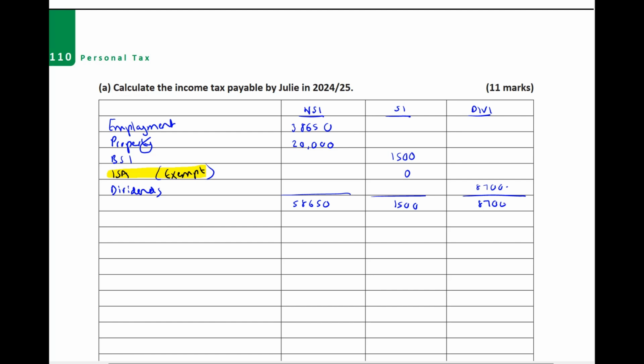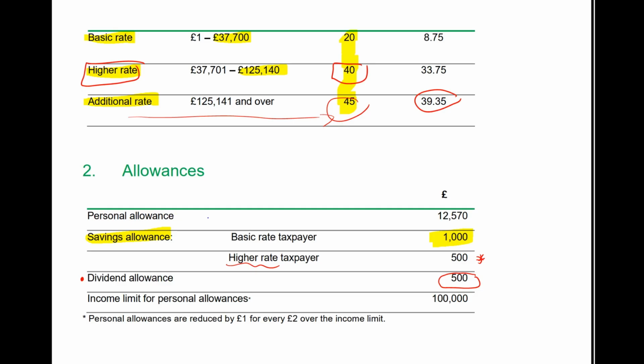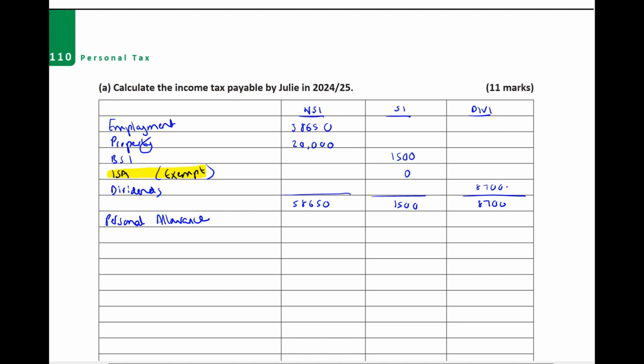Because once you've actually gathered together all the income from the different sources, you have to remember that this person is entitled to a personal allowance. So the personal allowance you can get from the reference material. There. It's the amount that they can earn tax-free.